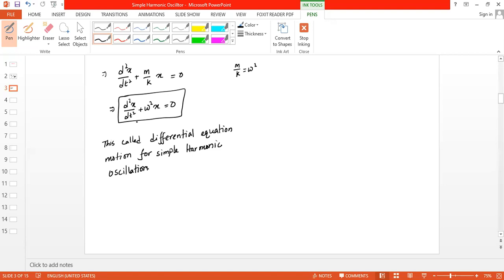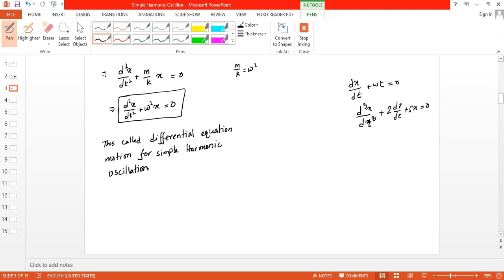Do you guys know what differential equation means? The equation that involves differentiation is called a differential equation. Like this can also be a differential equation, dx over dt plus omega t equal to 0. This is a differential equation. Or d cube x over dt cube plus 2 dx over dt plus 5x equal to 0.